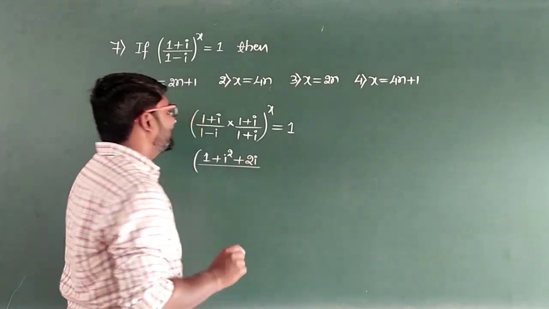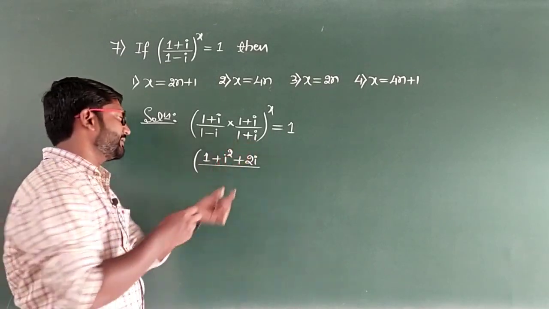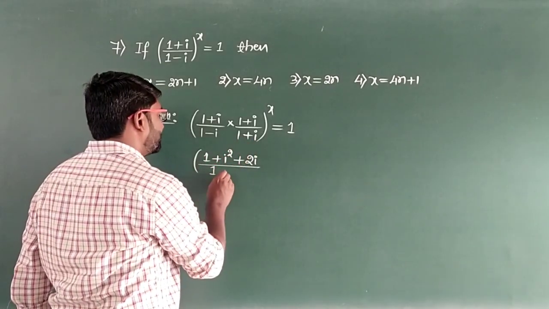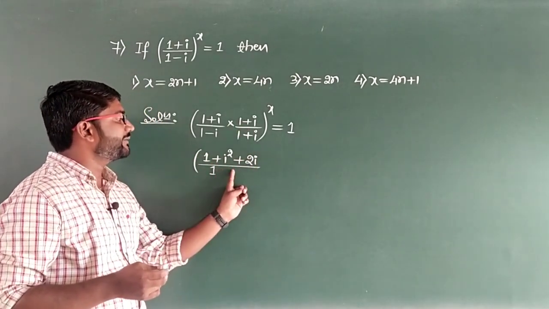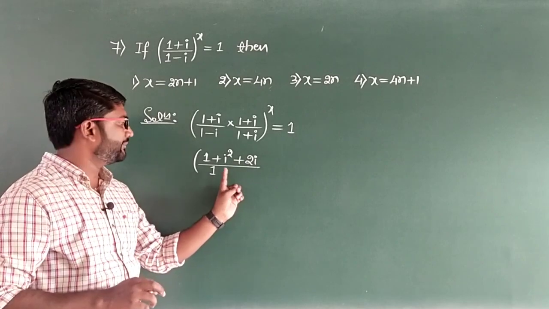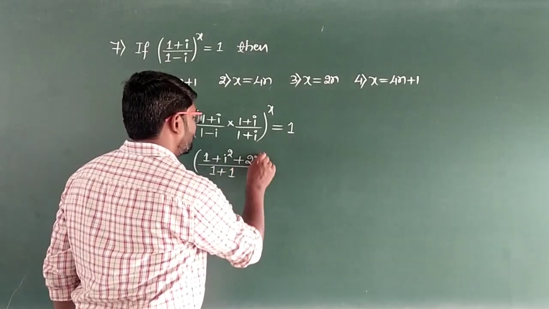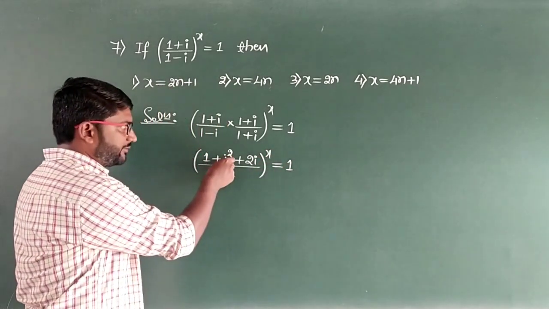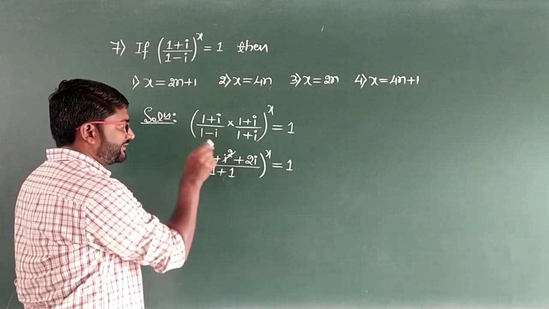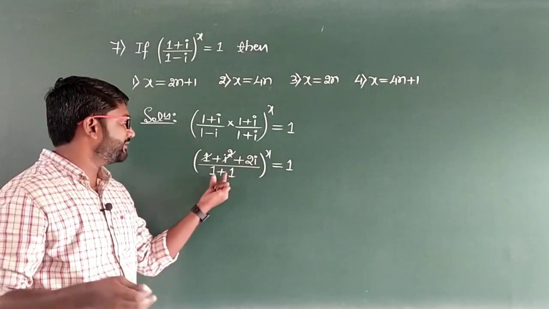Then the denominator, a minus b into a plus b will be a square minus b square. 1 square is 1, then minus b square means minus i square. The i square value is minus 1, minus into minus we get plus 1, to the power x, which is equal to 1. So here the i square value will be minus 1, plus 1 minus 1 get cancelled. What do we have now? 2i divided by 2.